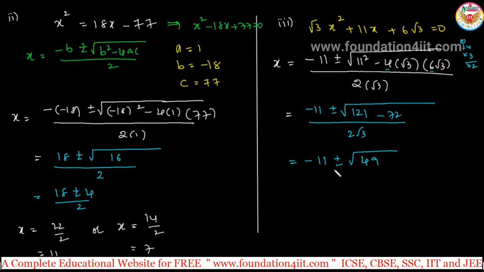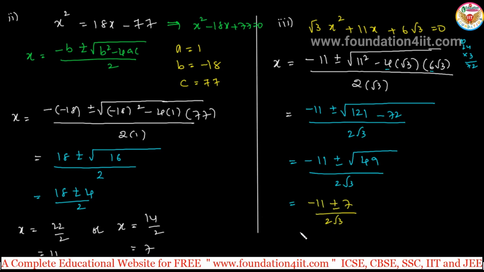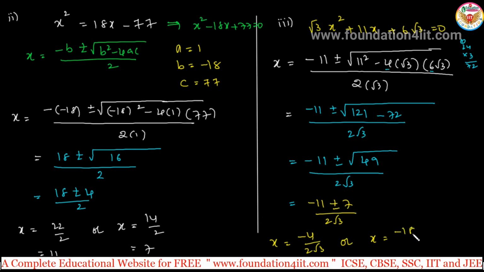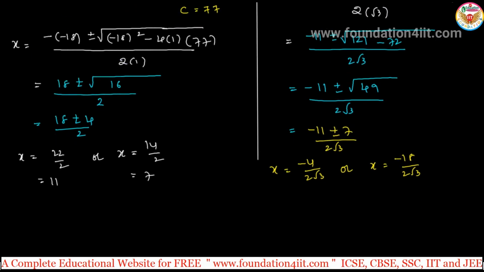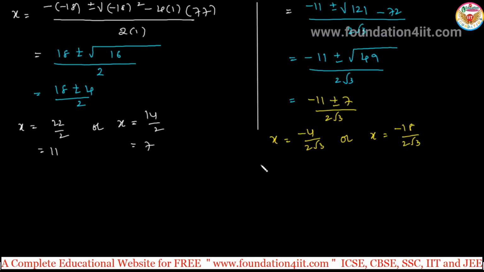Then divided by 2 root 3 as it is. Okay, so square root of 49 is 7, minus 11 plus or minus 7 by 2 root 3. So therefore x is equal to, once you take positive, minus 11 plus 7. So minus 4 by 2 root 3 or x is equal to minus 11 minus 7 or minus 18 by 2 root 3. If you have the method, just rationalize the denominator method you can apply.